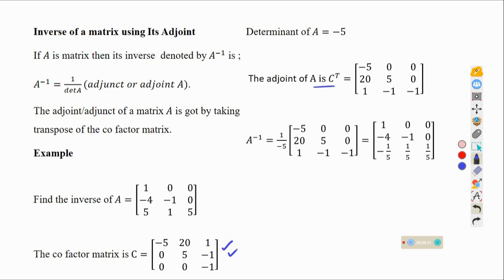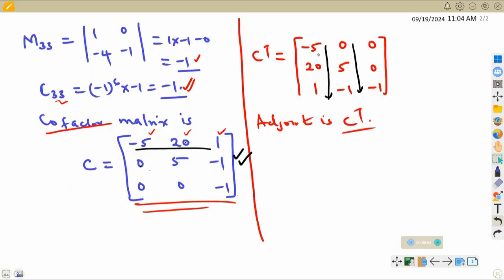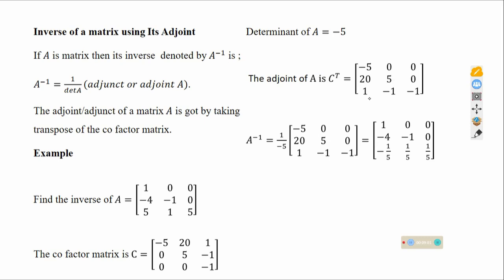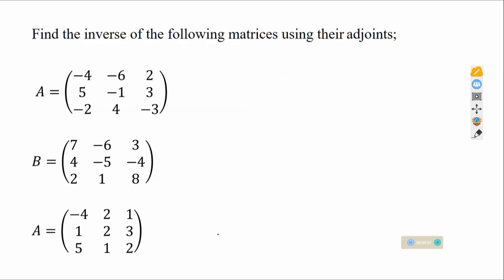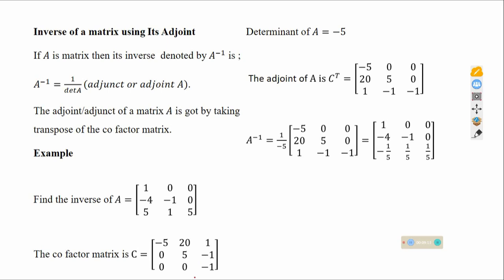If you relate it with the transpose we have obtained here, -5, 0, 0, 20, 5, 0, 1, -1, -1, you should be able to see that it is the same. We have taken the transpose of this matrix to get this.